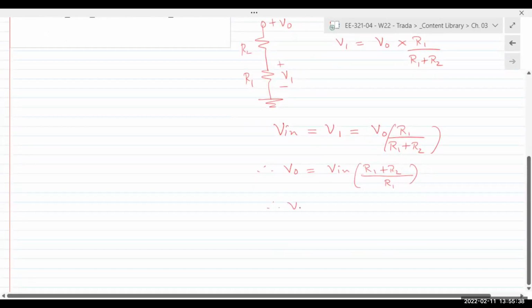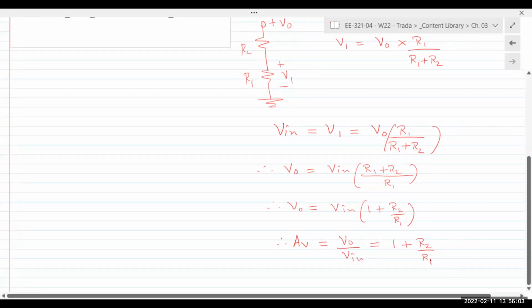And we get VO is equal to V in times 1 plus R2 over R1. And therefore, the voltage gain of the circuit, which is VO over V in, is equal to 1 plus R2 over R1.